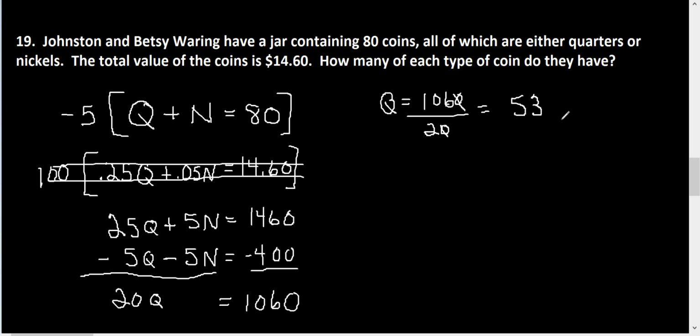Okay. So that means I have 53 quarters. And how many nickels will that mean I have? So that means I'll plug it into this equation here, bringing this down here to be 53 plus N equals 80. Then I simply subtract the 53.